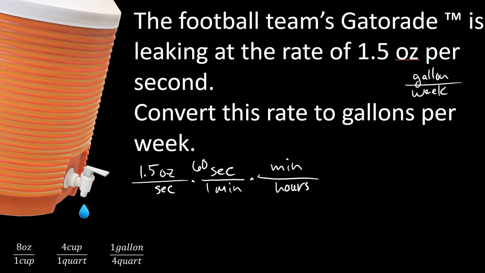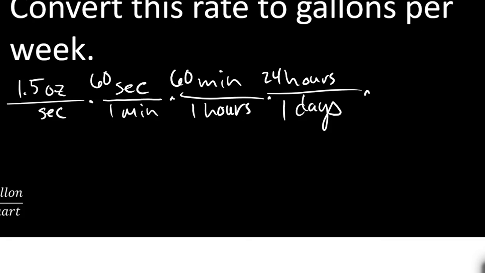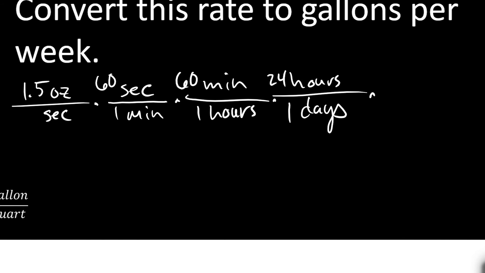I know that 60 minutes is equivalent to 1 hour, and I'm going to get rid of my hours and go to the units of days, and I know that 24 hours is equivalent to 1 day. And then for the final one, I've got to jump to weeks. So this last one is 7 days is equivalent to 1 week.